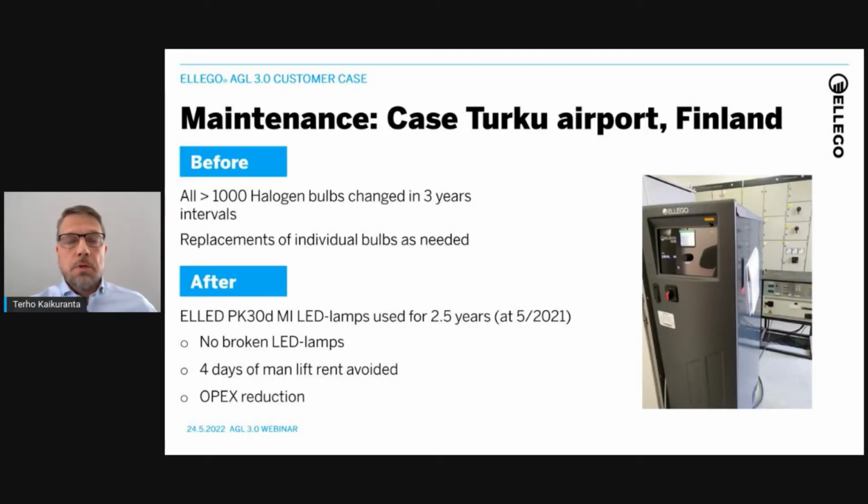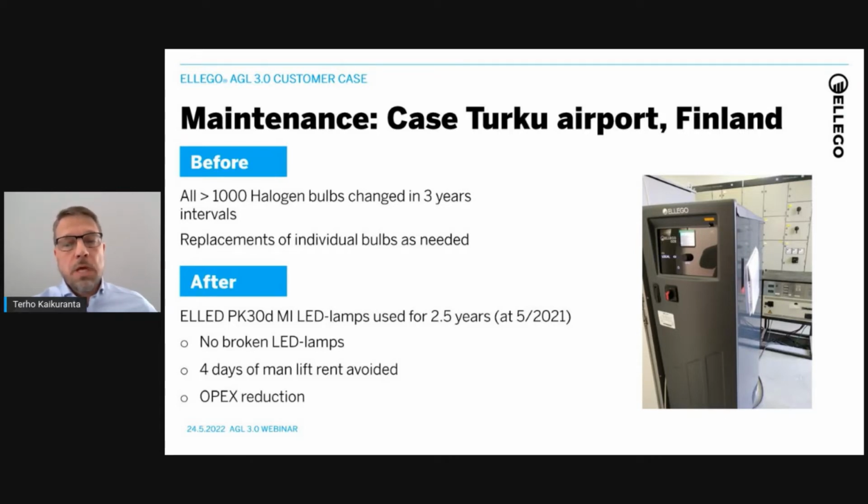And then also a practical example from real life, again, the Turku airport. The case was that usually they have more than 1,000 halogen bulbs being changed every 3 years. And of course, broken lamps in between that. And now that we installed these new LED lamps there, they have been used more than 2.5 years.